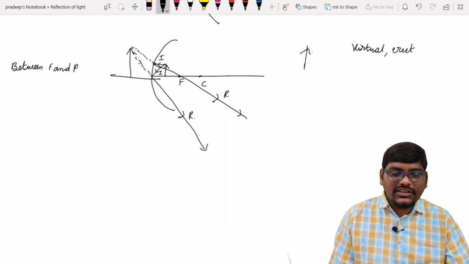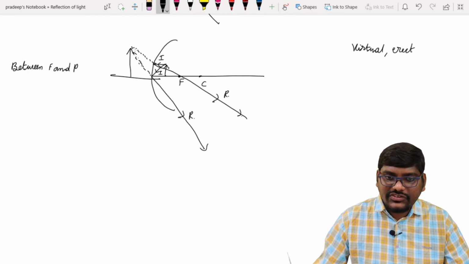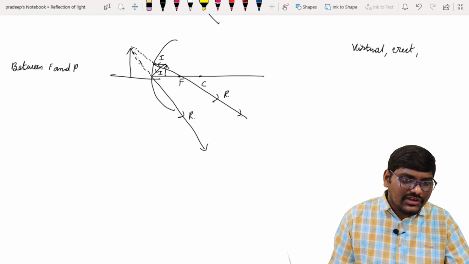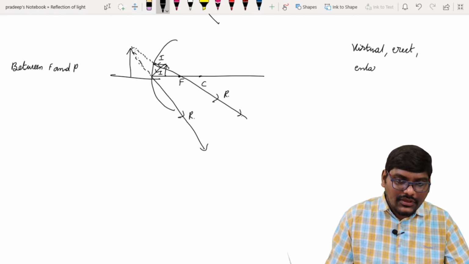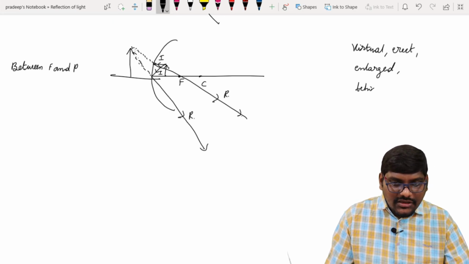The image is like this, and the object is also in the same way. So this is erect. Now see here, the object size is very small but the image size is very big, so we will say the image is enlarged. Where is it formed? That is formed behind the mirror.